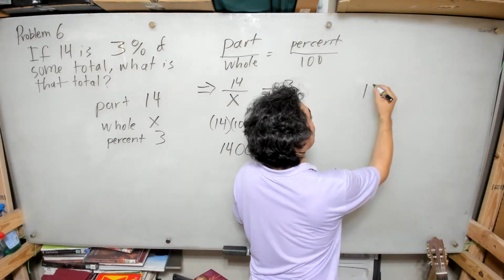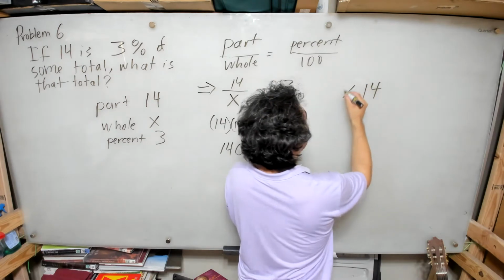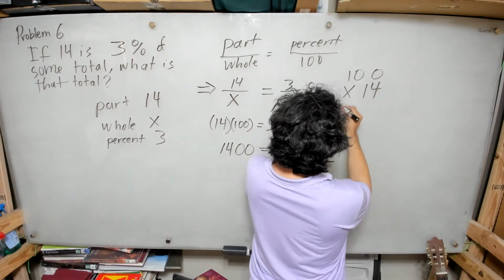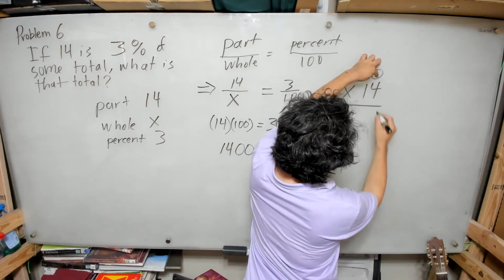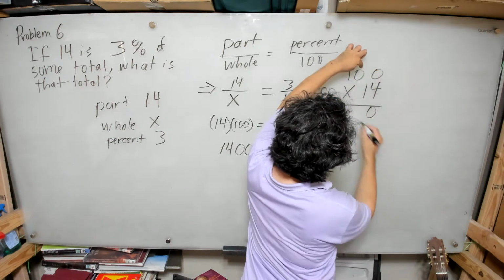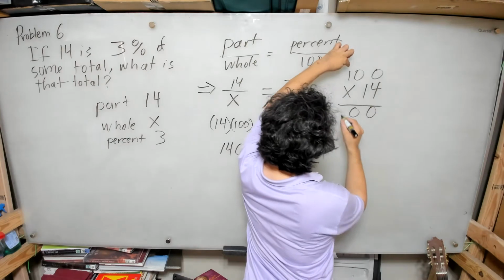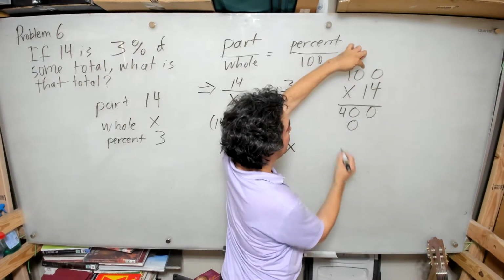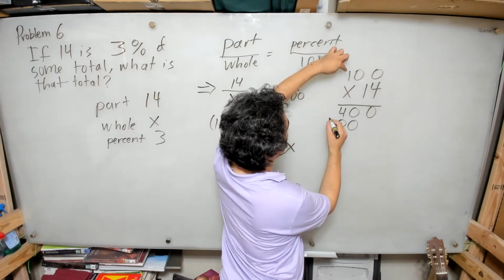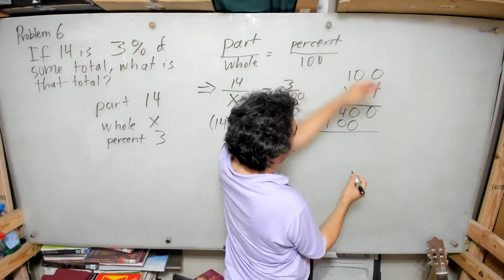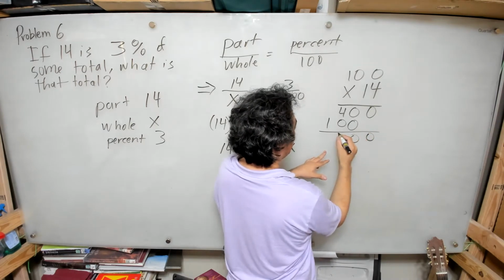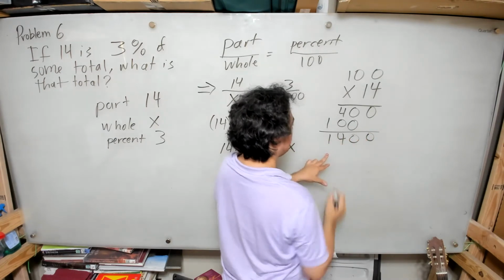So again, 14 times 100. 4 times 0 is 0. 4 times 0 is 0. 4 times 1 is 4. 1 times 0 is 0. 1 times 0 is 0. 1 times 1 is 1.